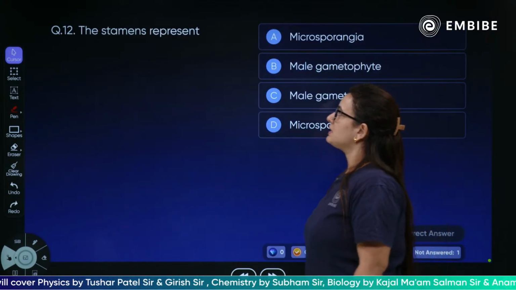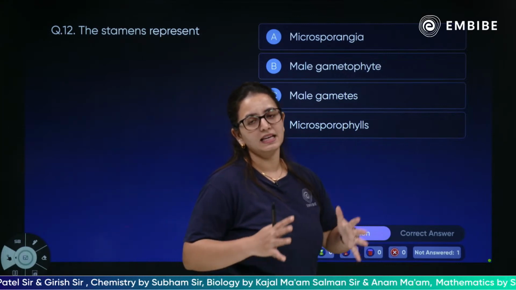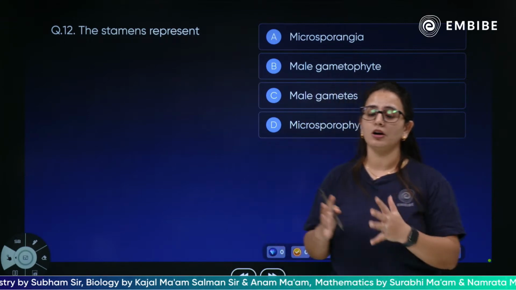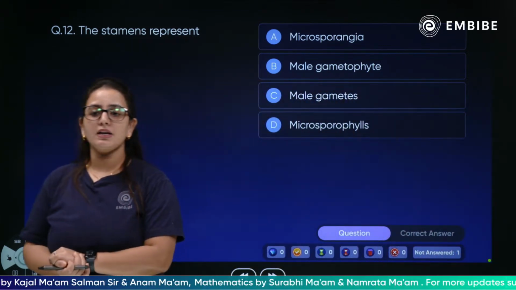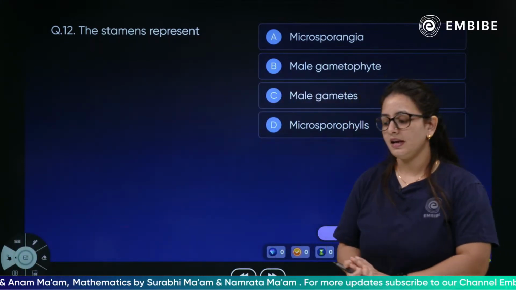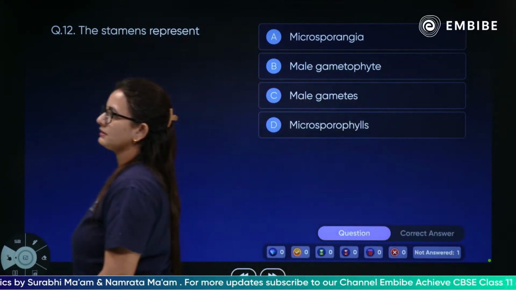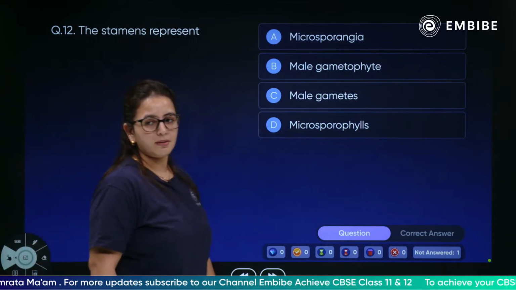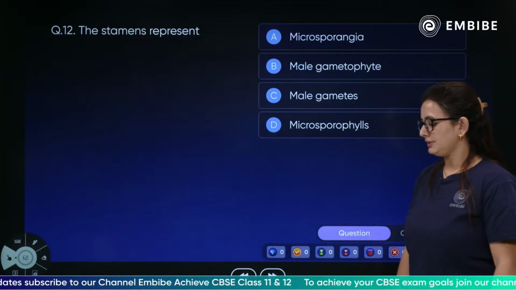Next question. The stamens represent what? Microsporangia, male gametophyte, male gametes or microsporophyll?